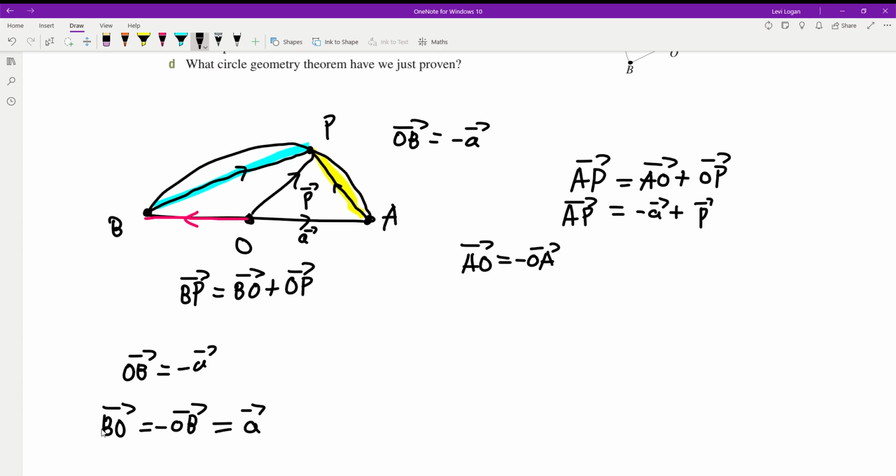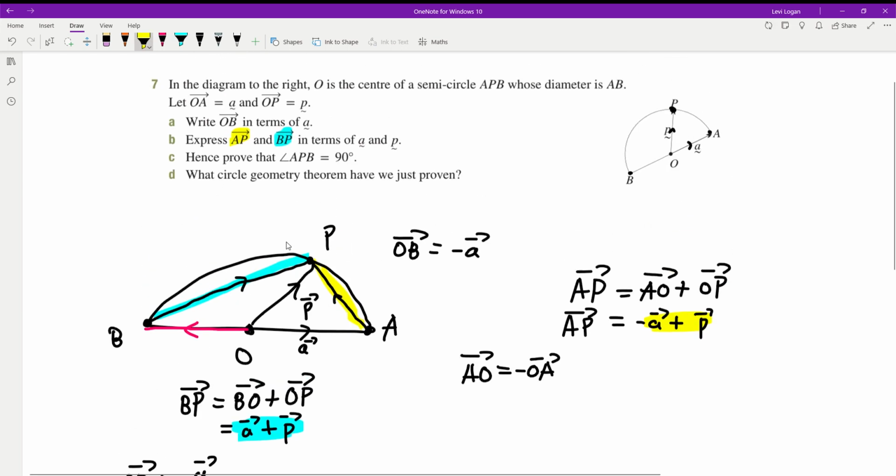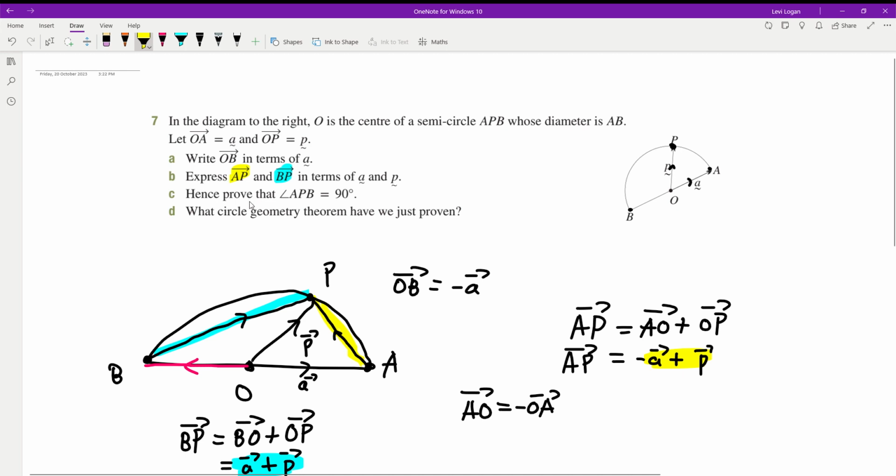In other words, that's actually the same as O to A technically, but you can just write it like this. So it'll be A plus P. Righto. So that is that vector there, and that is that vector there.